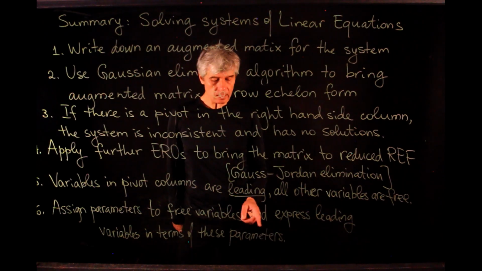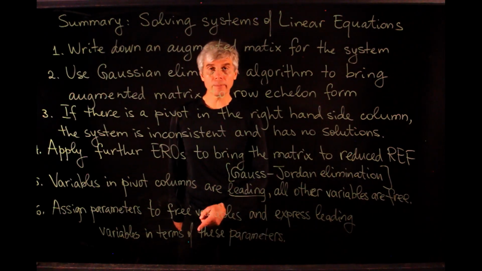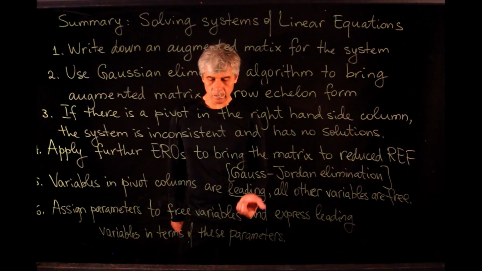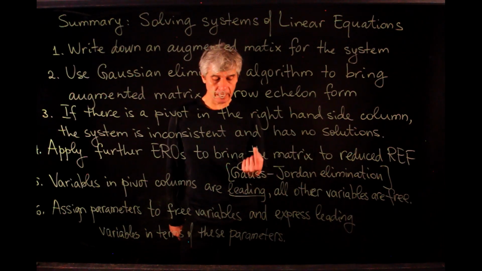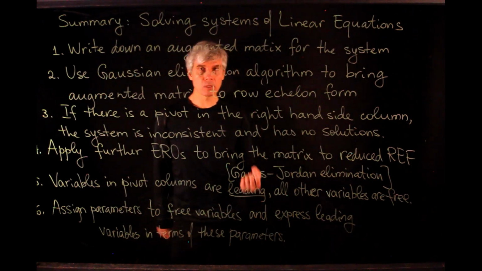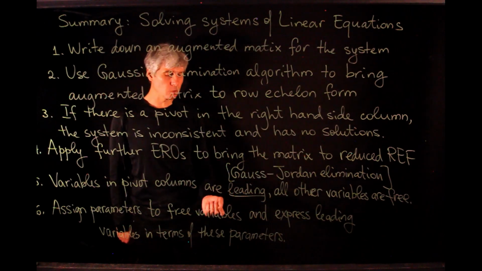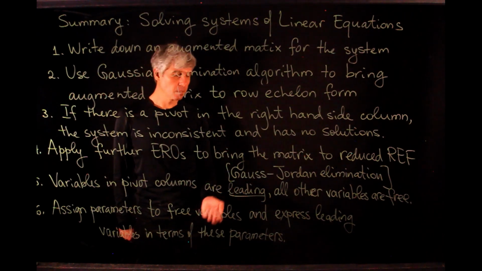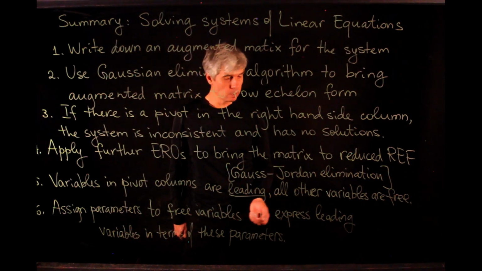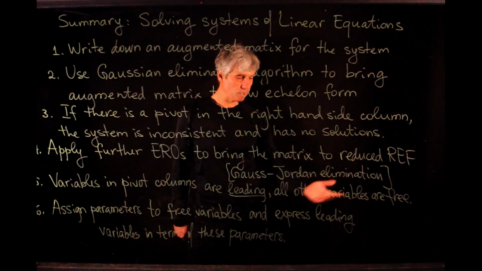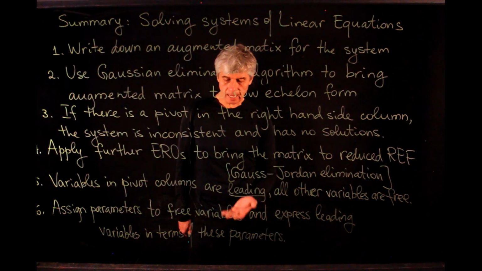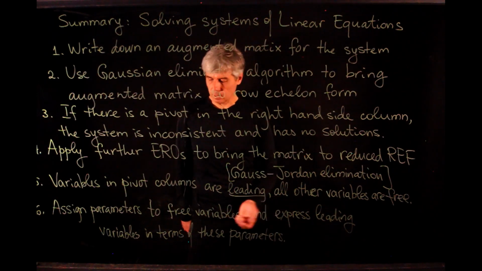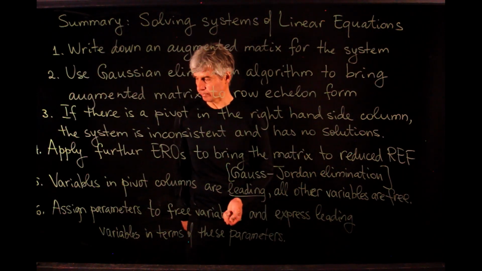If this is the case, then there will be no free parameters. And in this case, we have a consistent system, but it will have a single solution, expressed in terms of constants. There will be no parameters here. So once we have free variables, then we get a parametric system of solutions.